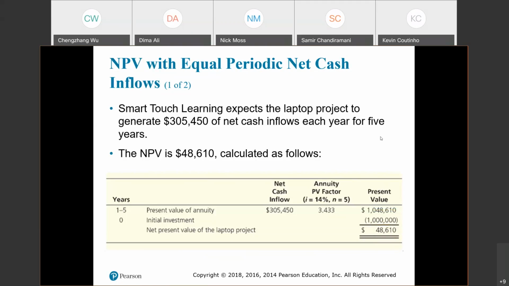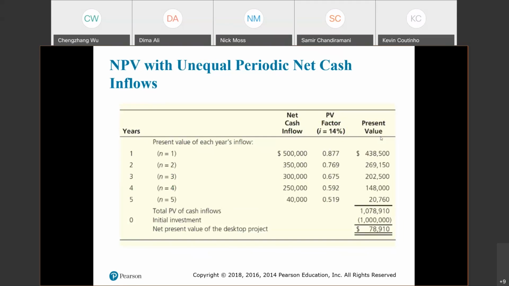But what if we have a case with unequal periodic net cash inflows? So in contrast to the laptop project, the net cash inflows of the desktop project are unequal. As you can see, $500,000 in year 1, $350,000 in year 2, and so on.